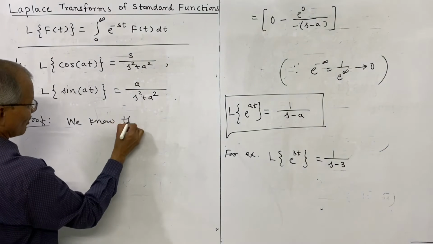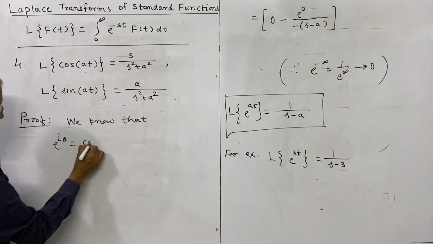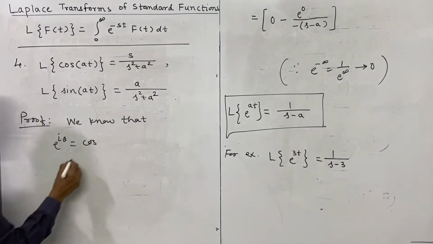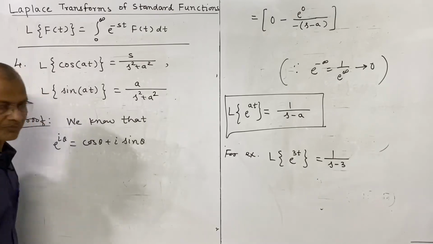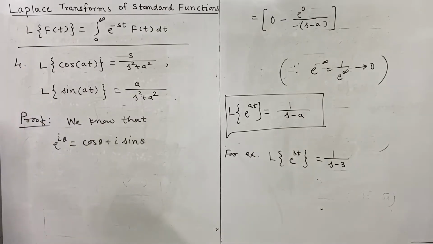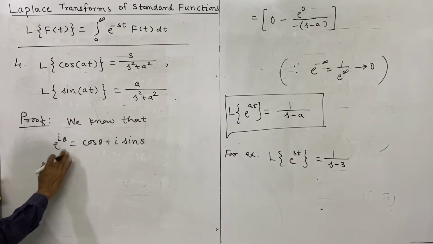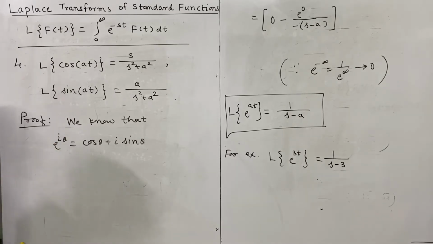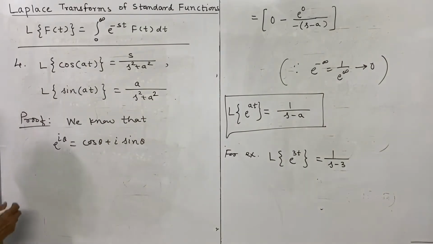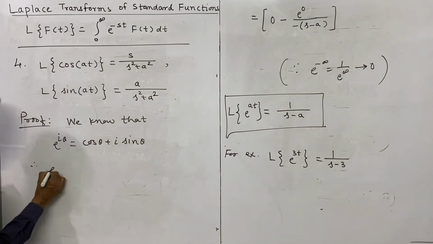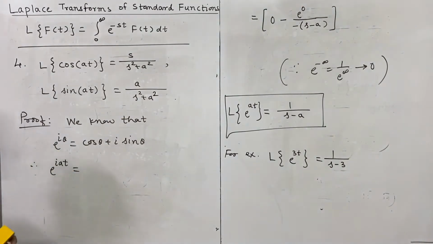we know that e to the power i theta is equal to cos theta plus i sin theta. i is the imaginary root of minus 1, and this is the result we have to assume. e to the power i theta is cos theta plus i sin theta, and therefore e to the power i into at, instead of theta we are writing at.